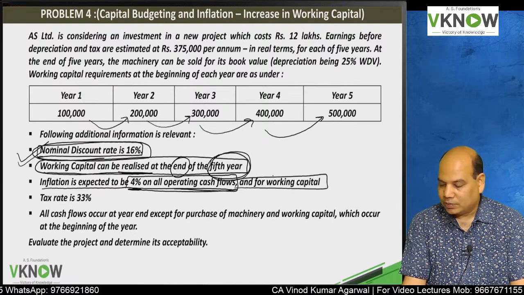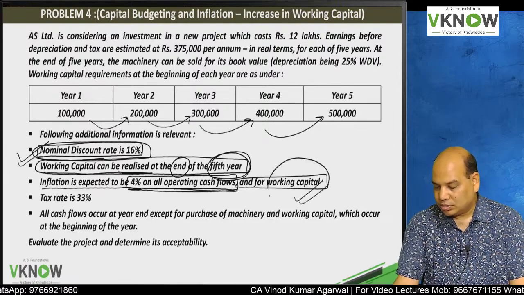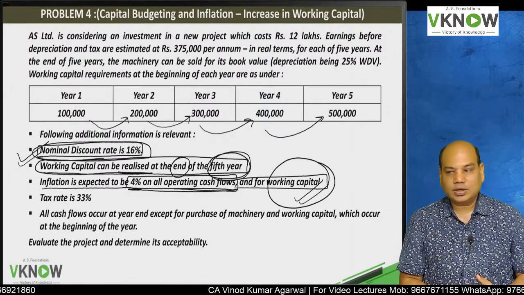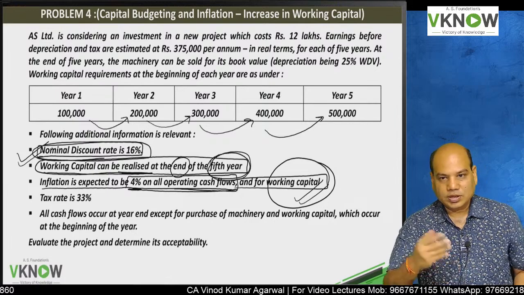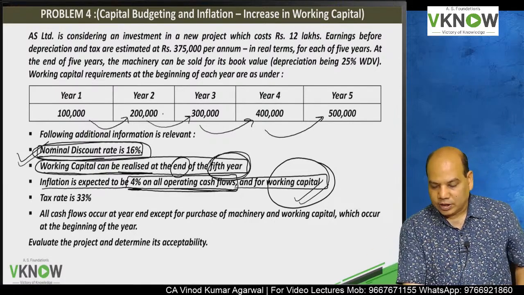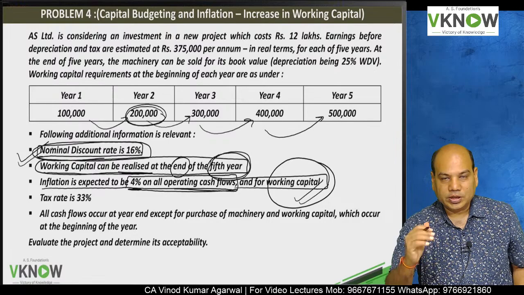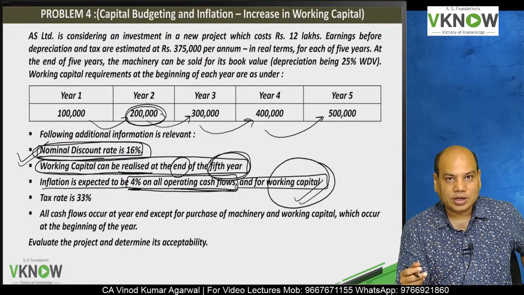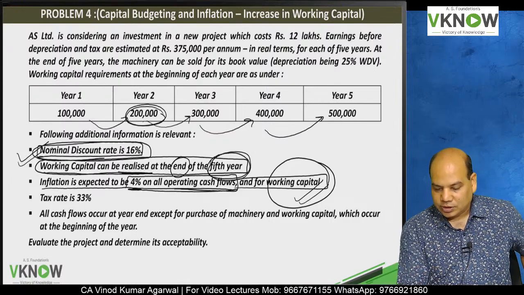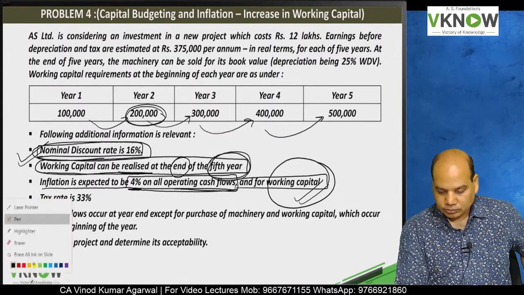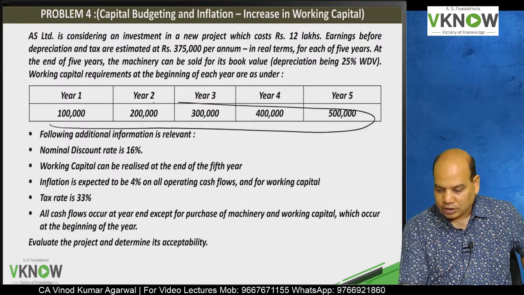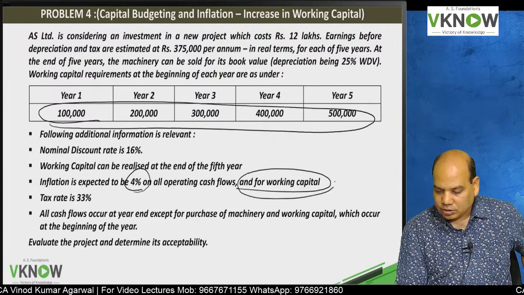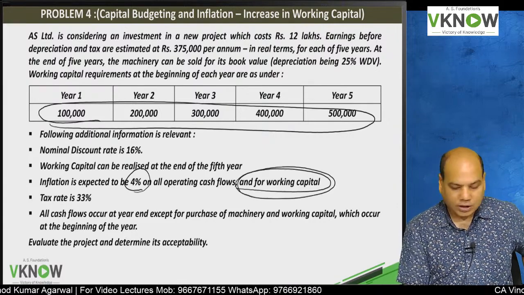And for working capital, oh my God, this time the problem says even working capital requirement will be subject to inflation. So they have written 2 lakh rupees, but its inflated value will be more than 2 lakh. You have to add 4% to that. These working capital figures given are in real terms. You will have to adjust inflation also at 4%.